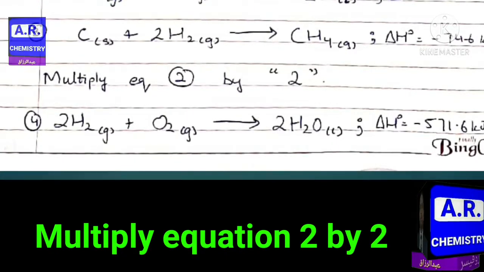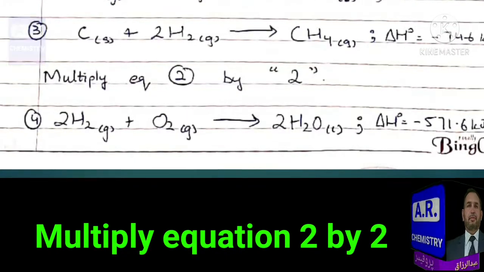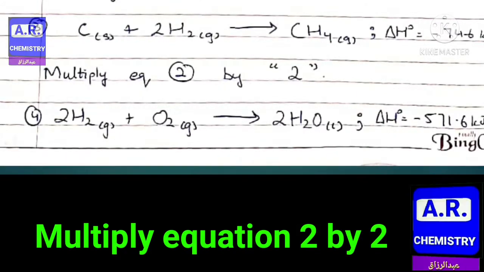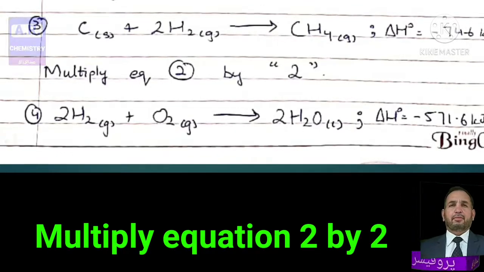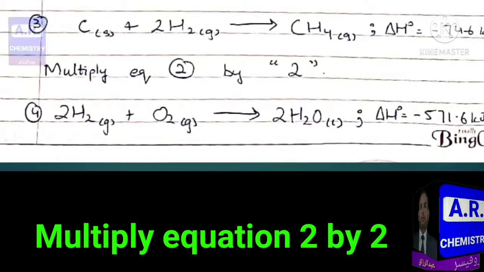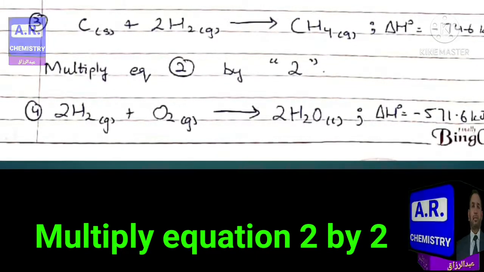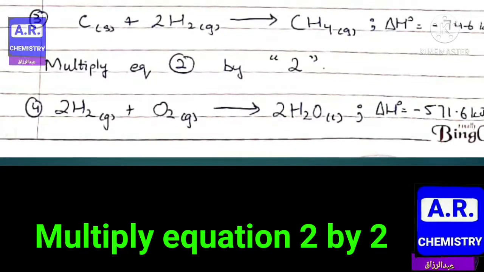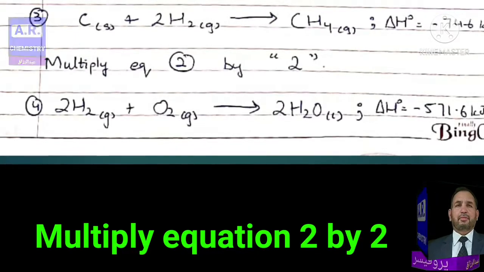So 571.6 kilojoules must be written. I have told you time and again that when you multiply any equation with any number in thermochemistry, then you are to multiply its heat values also with the same number.